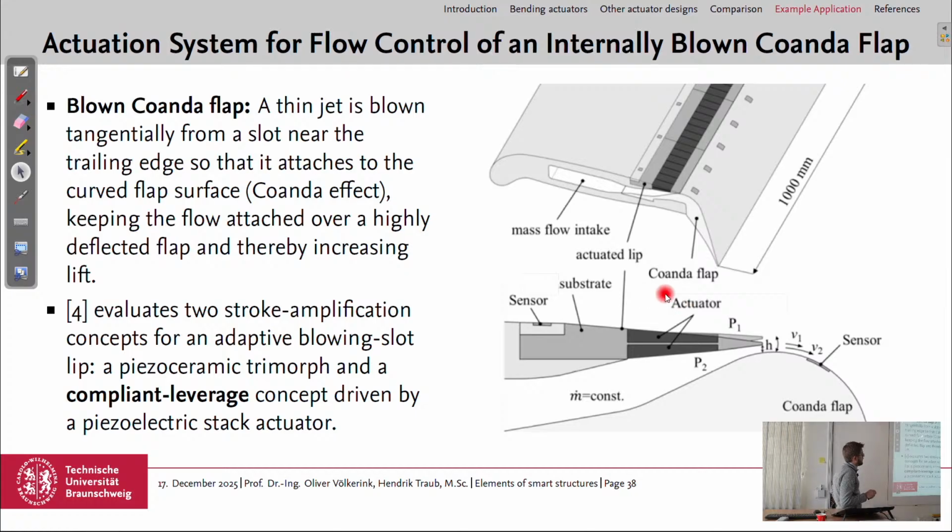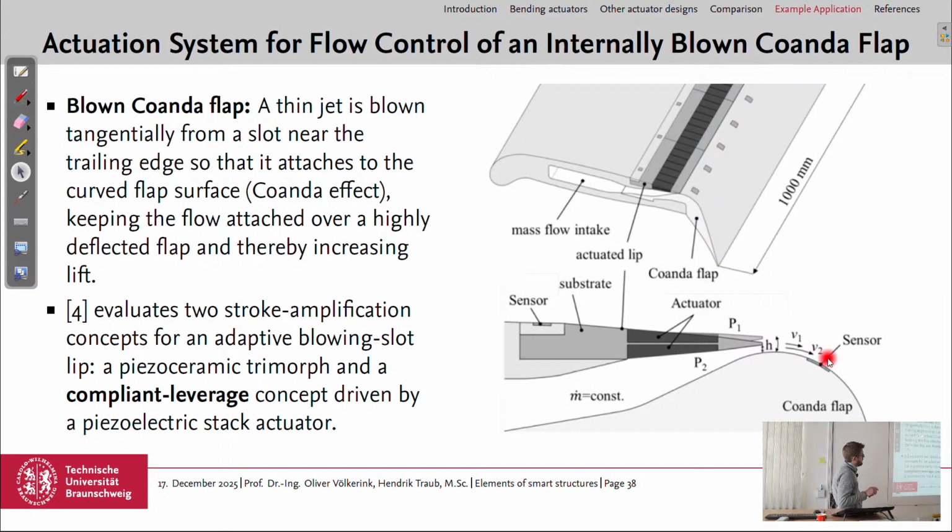And the idea was to have here a system of lips where you can control the airflow. So a sensor was integrated here, measuring if the airflow is still attached to the surface or if it's detached.